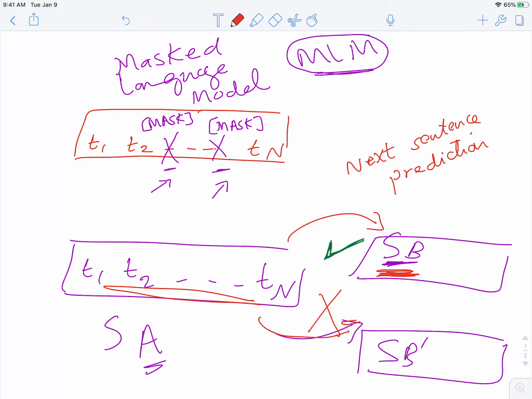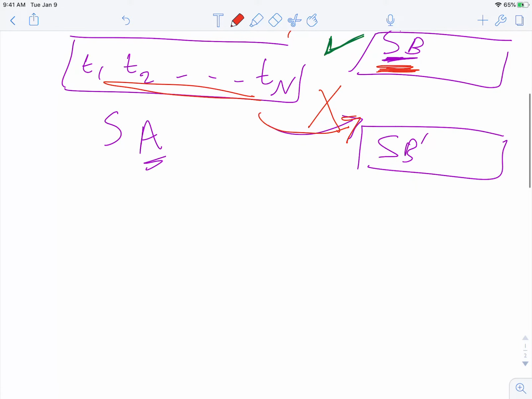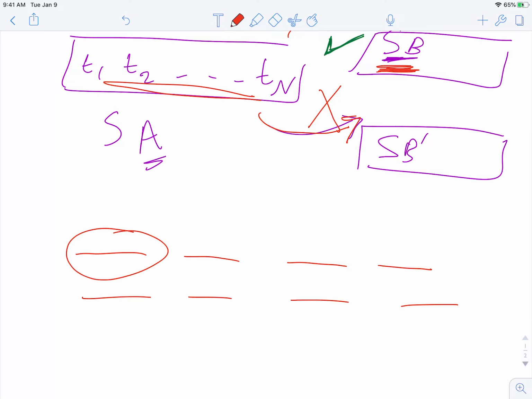But if it is this specific one, no, it's not. And how do we do this? Well, we just take a data set. Each of these is a sentence, right? And let's say this was our first sentence, sentence A, and this was our sentence B, right? This one. So in this case, this will be a good sentence. So sentence B here did occur after sentence A.